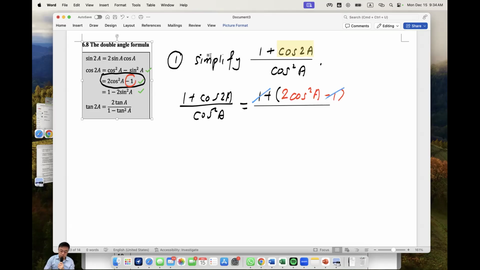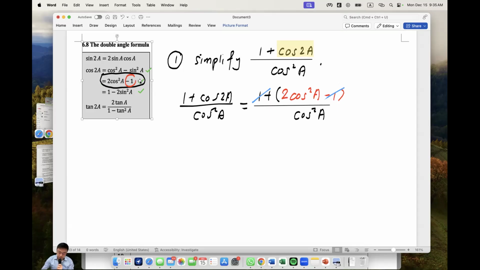Yes or no? Do you understand what I'm saying now? The main thing is to get the 1 to be eliminated. You need to choose the second one. Pay attention, quite important, right?